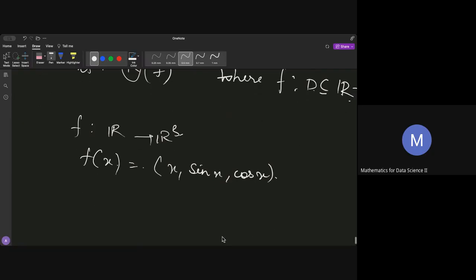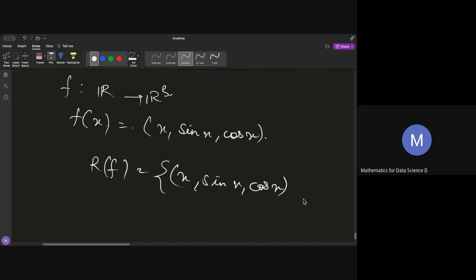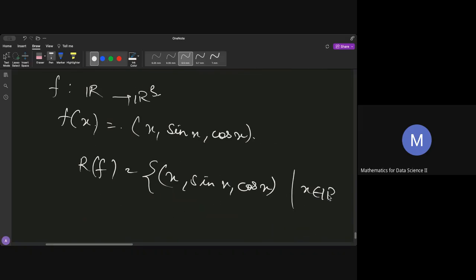The first coordinate does not have to be x. You can take it to be something else as well, it could be tan x. That's fine. I'm taking it to be this one. Then the range of f is the collection of all these points (x, sin x, cos x), where x is coming from R.